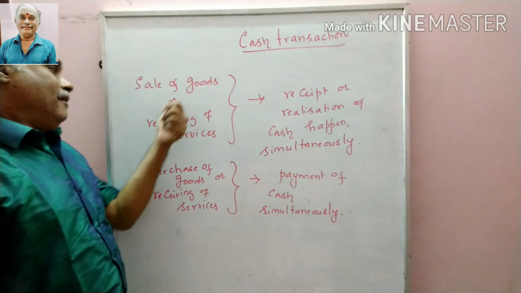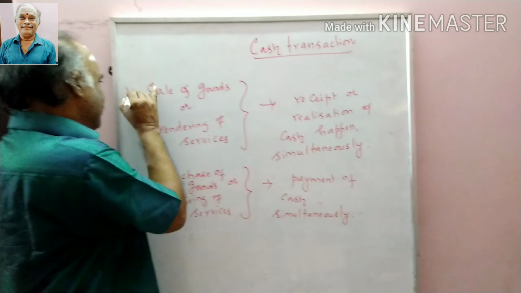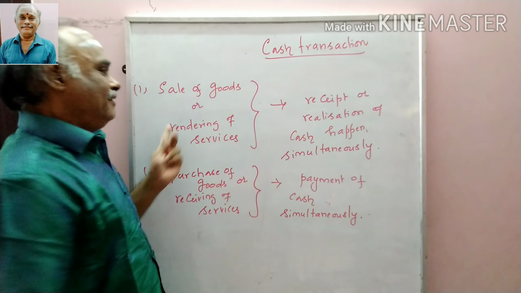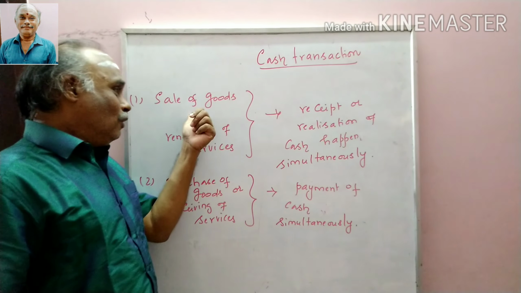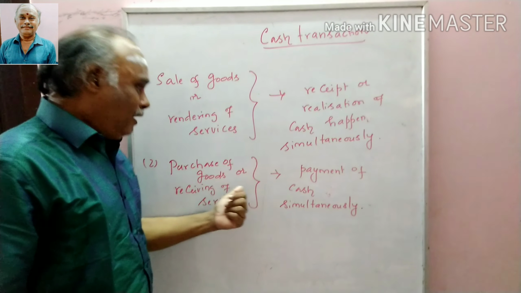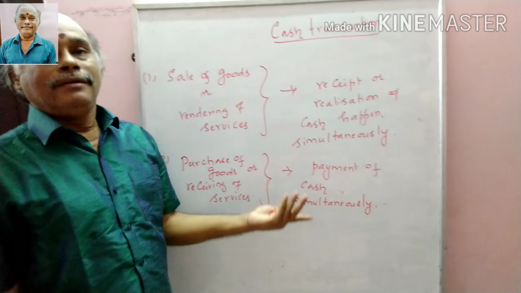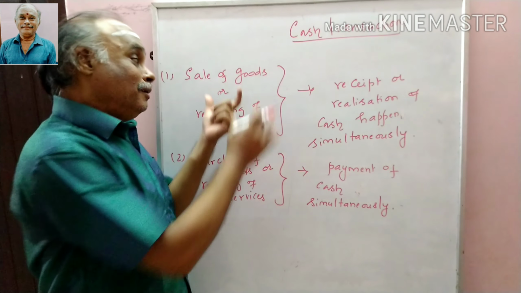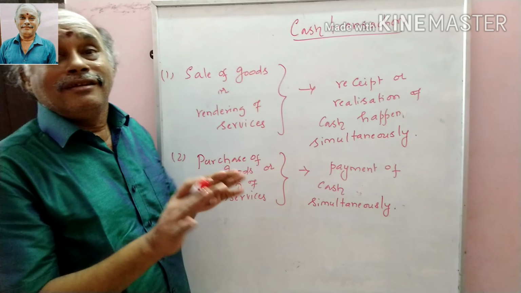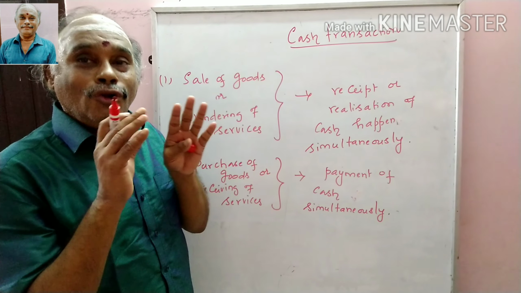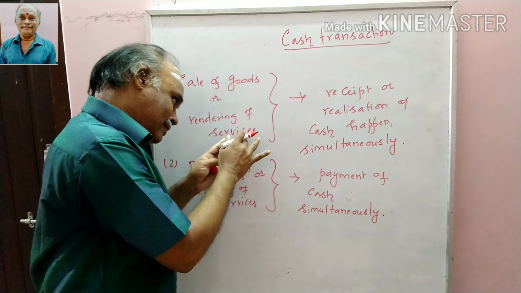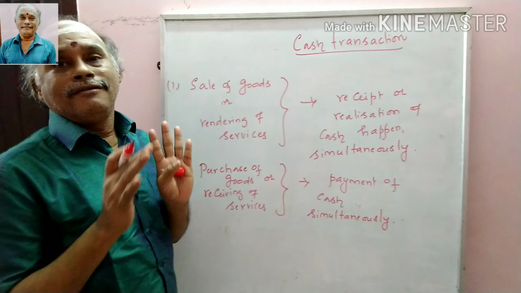Please understand. So as far as 1 is concerned, 2 is concerned, in both the cases, you sell goods, take money, you buy goods, pay money, no risk is involved. So in both the transactions, there is no need for you to know the details of your customer or your supplier.